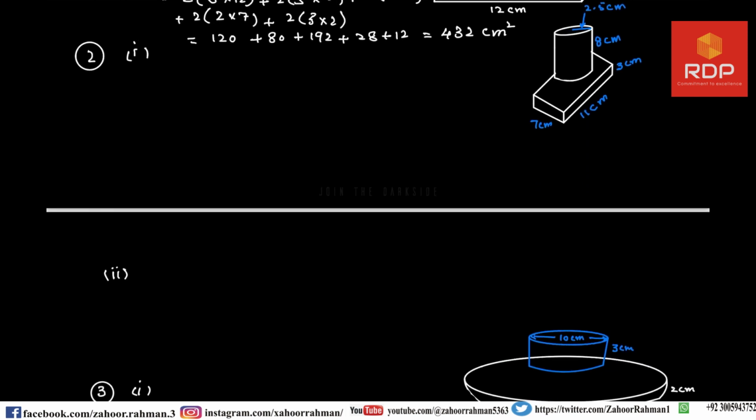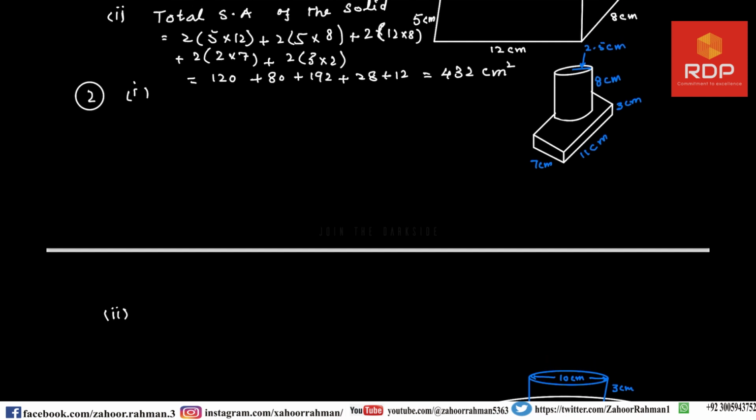Now there is another composite solid given, because this section is totally dedicated to volume and surface area of composite solids. Composite means the combination of two different solids. In this you can see one is a cuboid and the second one is a cylinder.